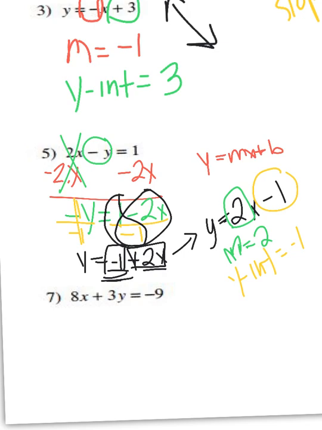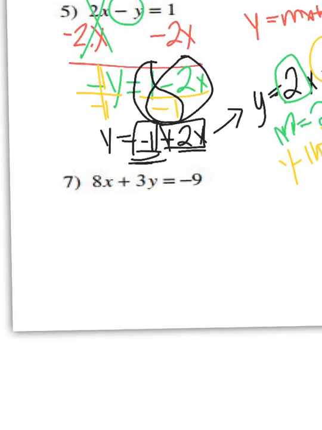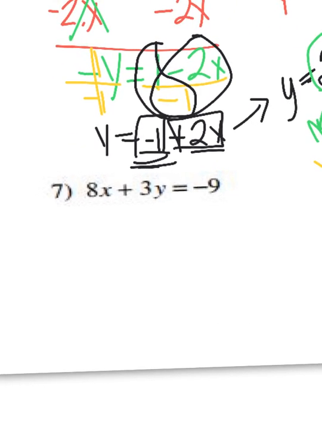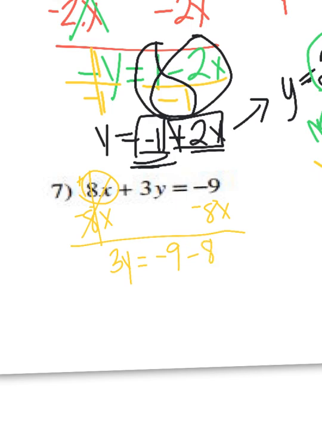Let's try number 7, this last one. Again, you should notice that this one is not solved for y, so let's solve for y. We want to get rid of this 8x, and it's a positive 8x, so I can subtract 8x on both sides. Those cancel, and I'm left with 3y equals -9 minus 8x.